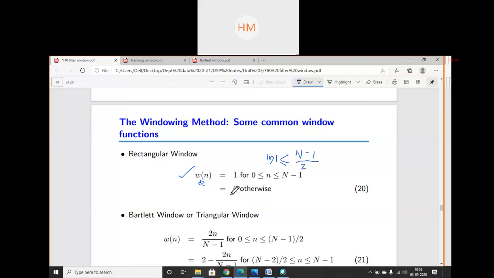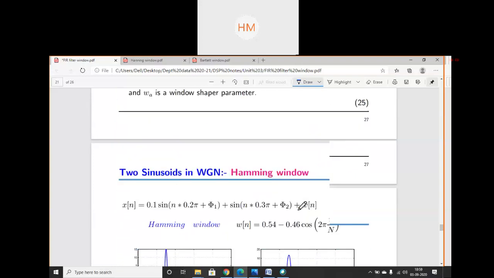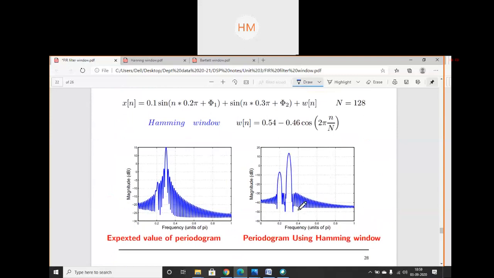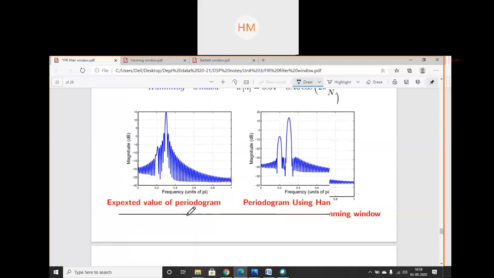So first, the rectangular function. Its waveforms are also shown. So these are the periodograms. In MATLAB, you can find these graphs. So you can see these overshoots. By using different windowing techniques, you will get sometimes very small overshoots, sometimes very large overshoots.